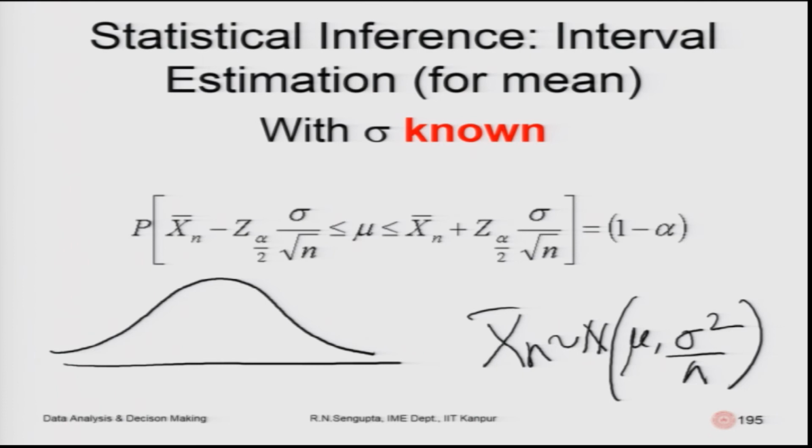This will be applicable for all the cases. This is for the actual sample mean. The mean value is mu, which is here. The standard deviation is given by sigma square by n.